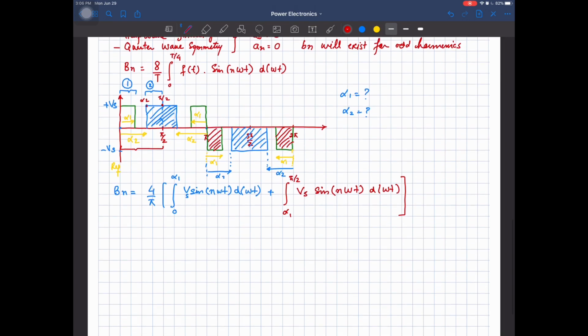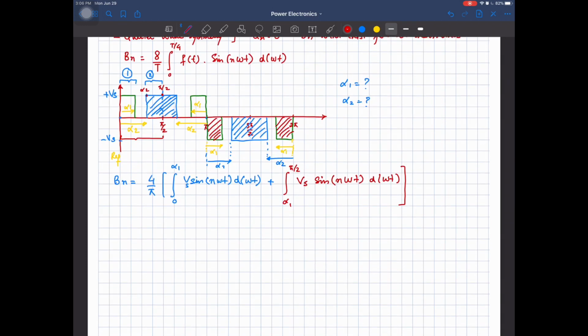Okay, so Bn now can be simplified, and we can write it like that: 4Vs by n pi, and we have minus cos of n omega t, and its integration limits are from 0 to alpha 1. Then the second part, minus cos of n omega t, and the integration limits are from alpha 2 to pi by 2, right?